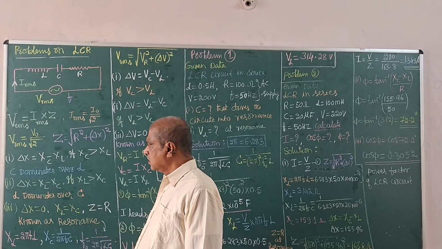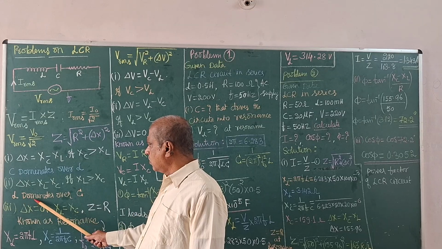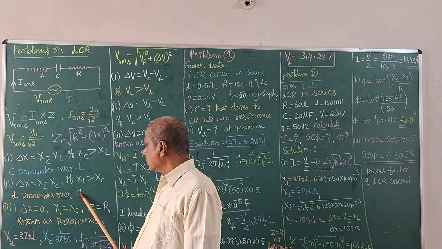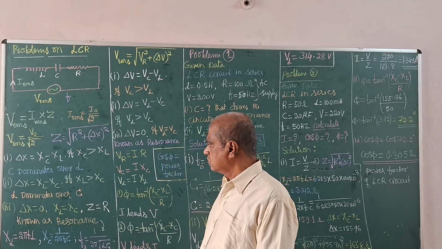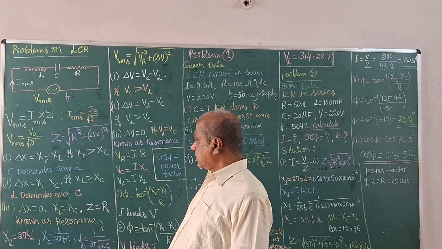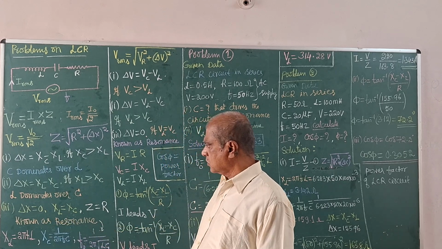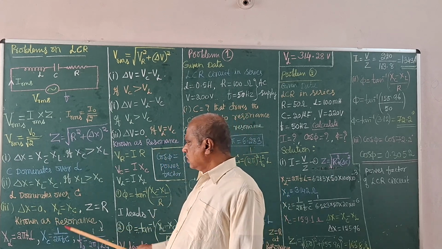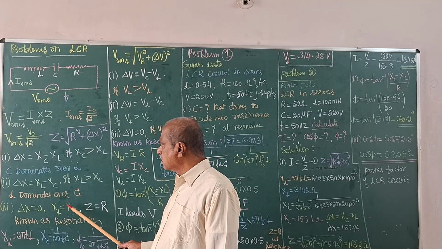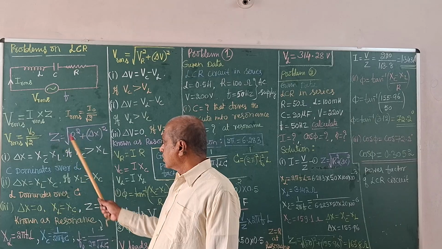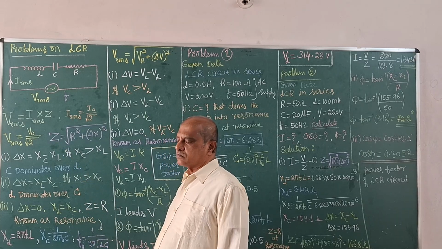In that case, inductance, that is L, dominates over C. It is called an inductive circuit. And the other possibility is delta X equals 0. Delta X equals 0 if these two values are equal. Then Z equals R. It is known as a state of resonance.